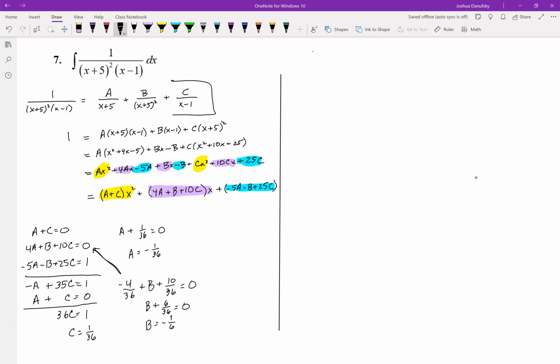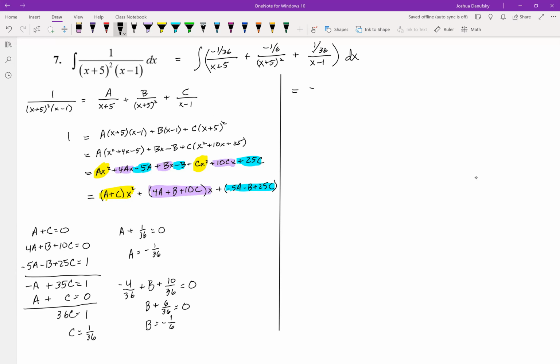Now we're going to plug in our A, B, and C into this expression and rewrite our integral. Now we'll go ahead and rewrite this and integrate.